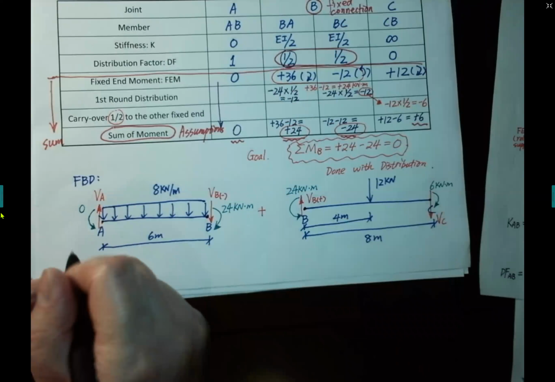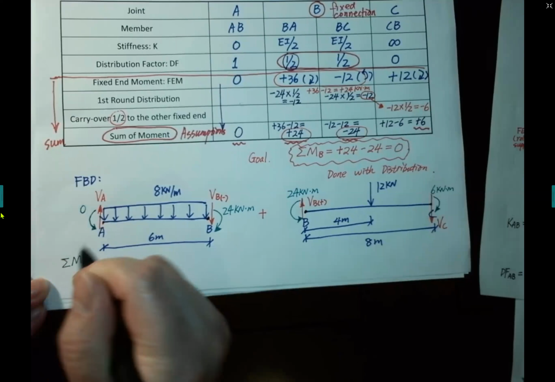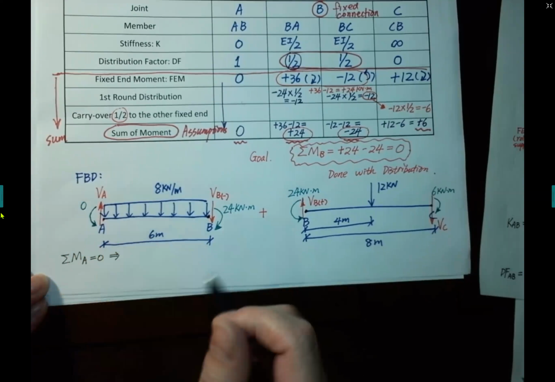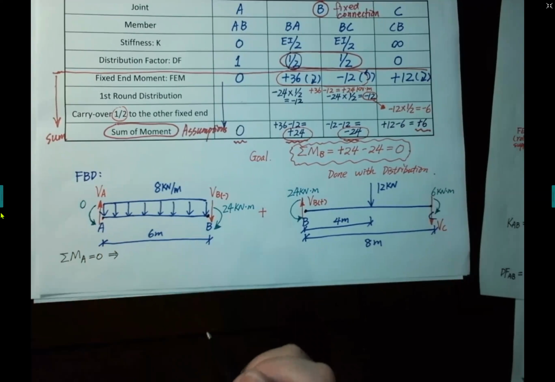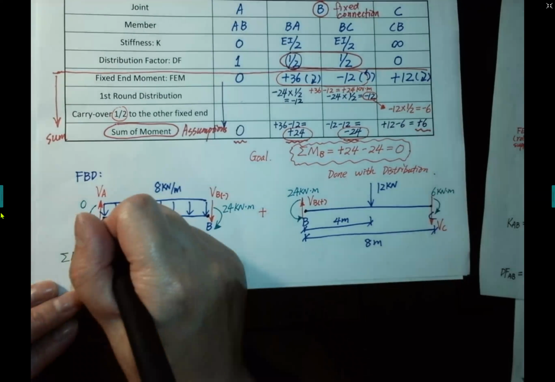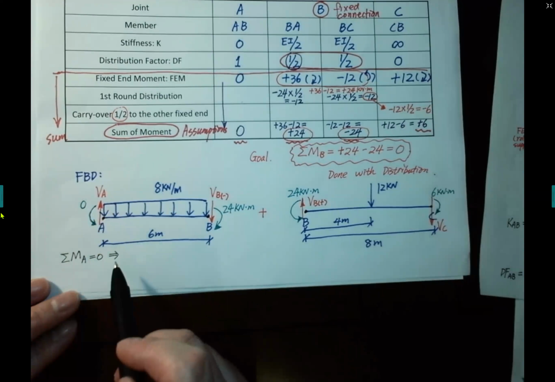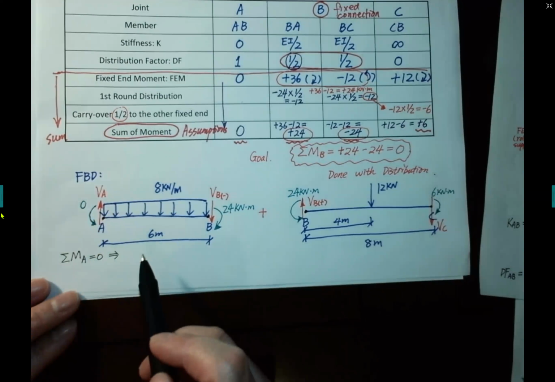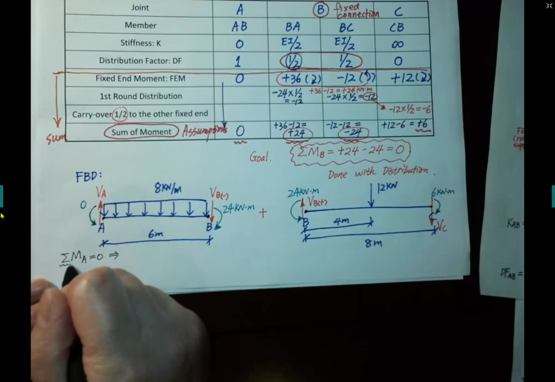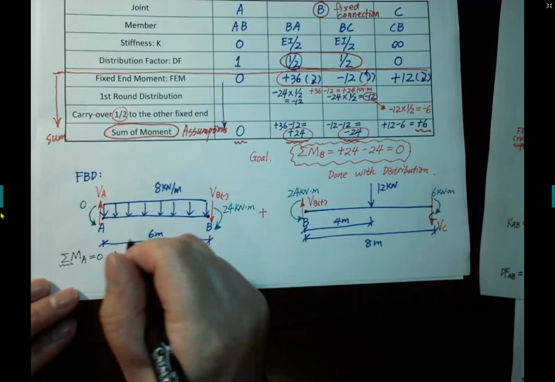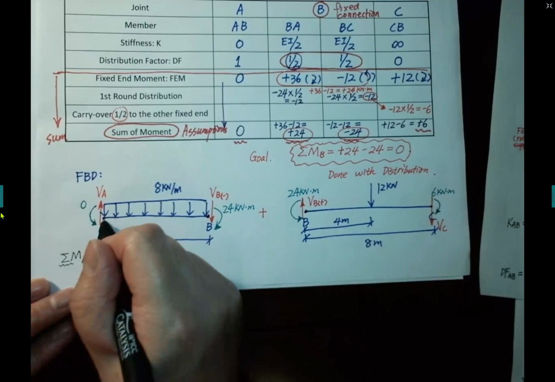So for member AB, we can sum the moment at A equals 0. When you sum the moment, as long as it's consistent for positive and negative signs, it doesn't matter which direction you assume is positive. For example, I sum the moment at A equal to 0.